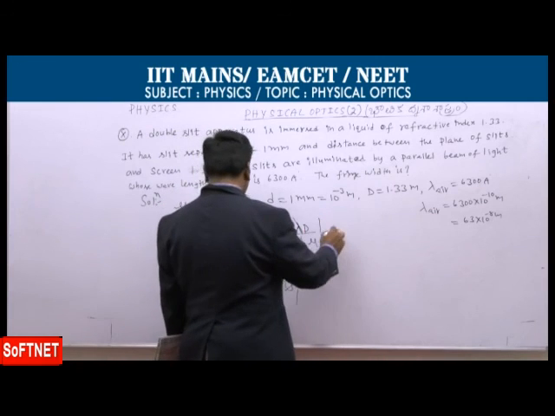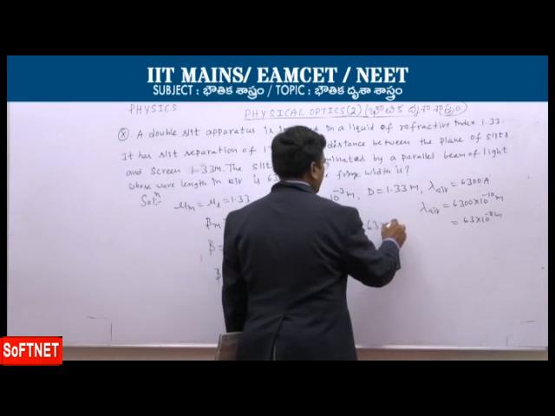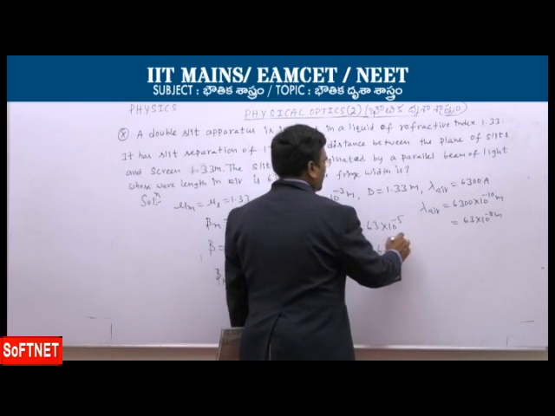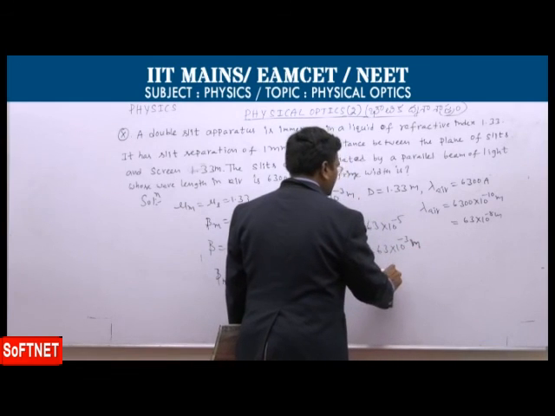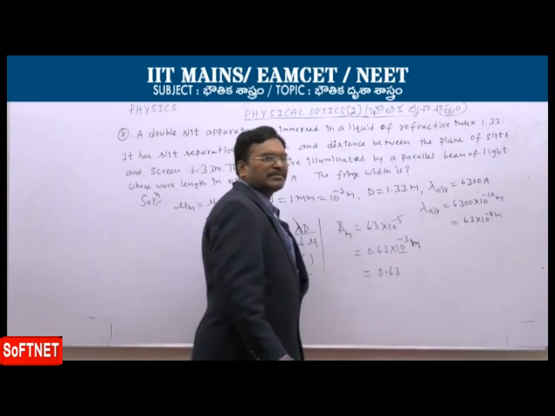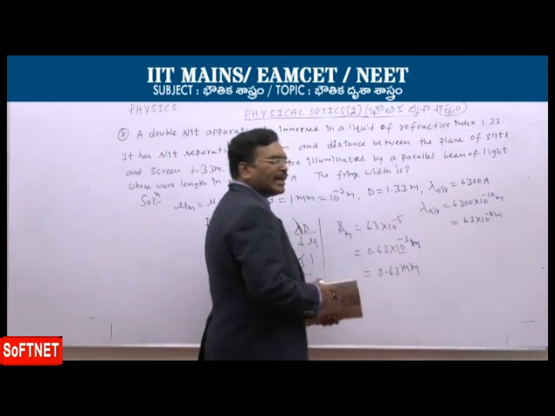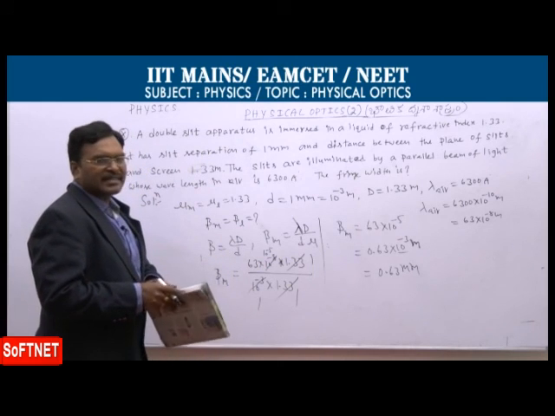Now we got beta in medium is equal to 63 into 10 to the power of minus 5. So what do we write now? 0.63 into 10 to the power of minus 3 meters. Now instead of 10 to the power of minus 3, what do we write? Millimeters. Now beta in medium, what is the answer now? 0.63 millimeters. Is it clear?